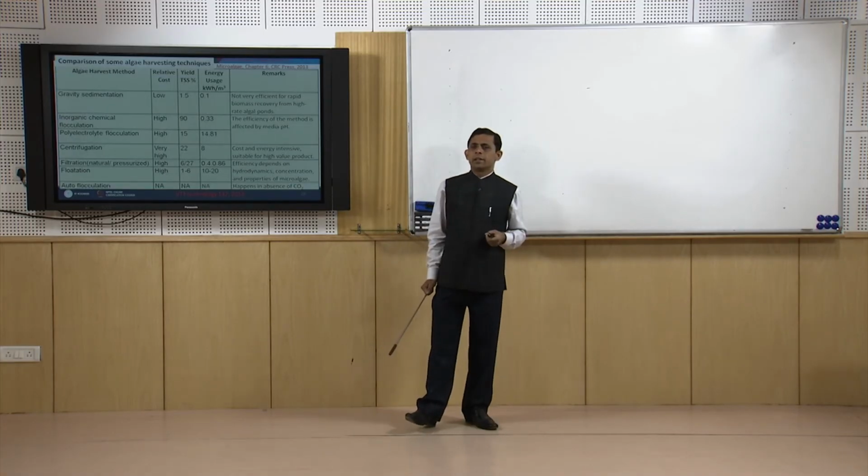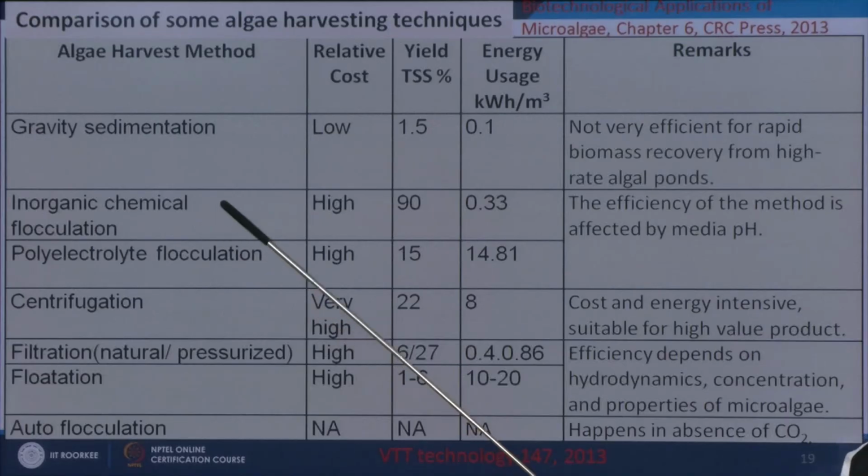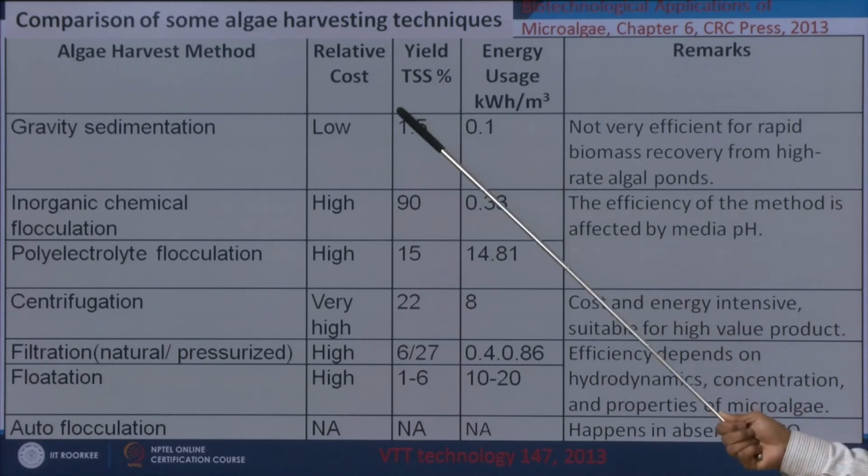Now, we will compare the different methods. So, gravity sedimentation, inorganic chemical flocculation and polyelectrolyte flocculation, centrifugation, filtration, natural and pressurized, and then flotation and autoflocculation. So, these are different methods we can use for the harvesting purpose, and the relative costs are different.